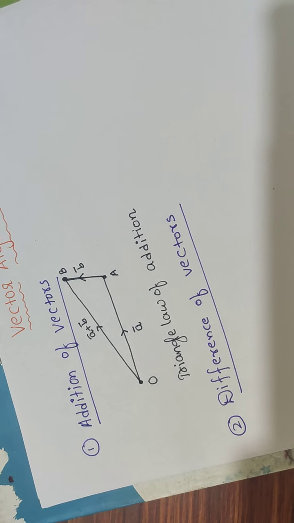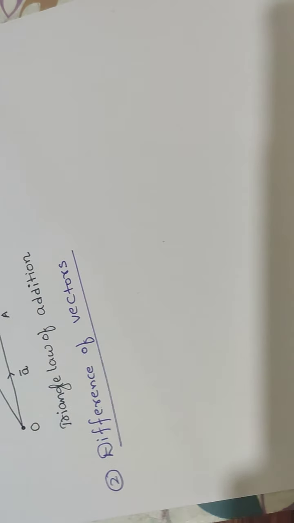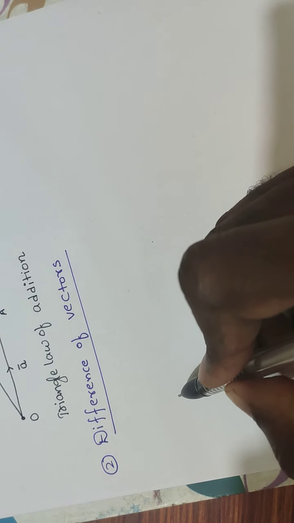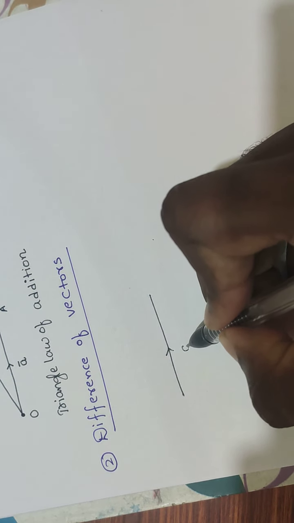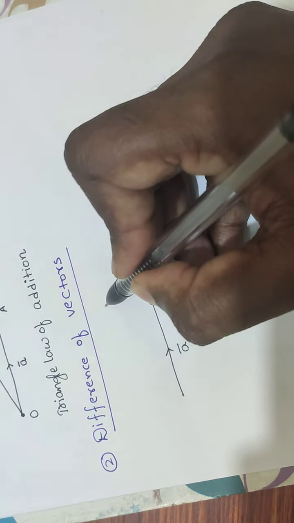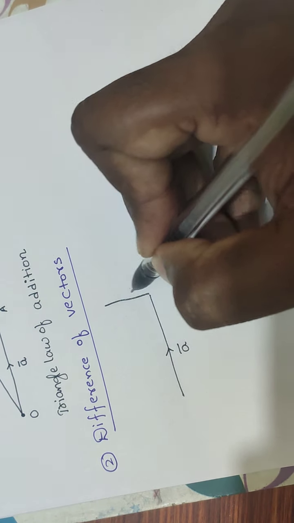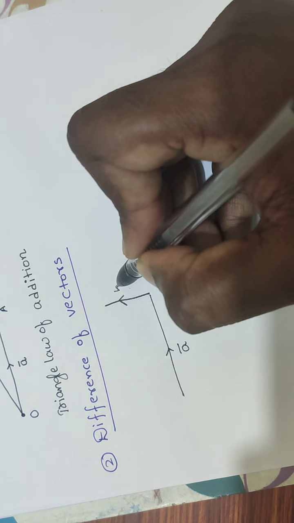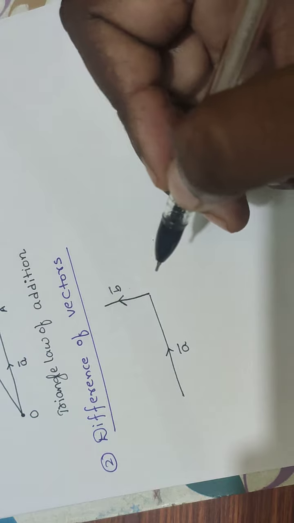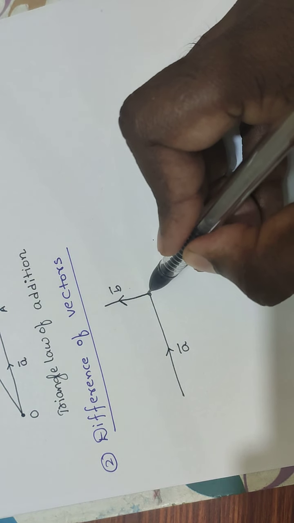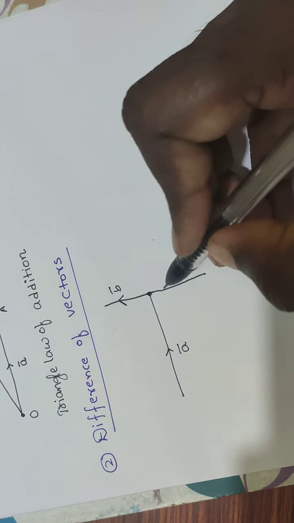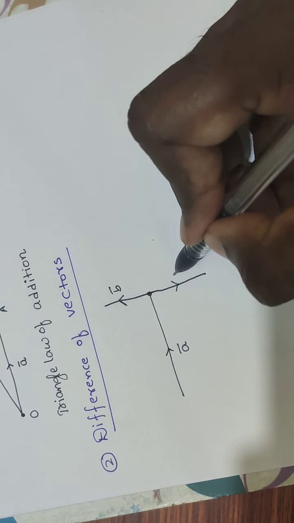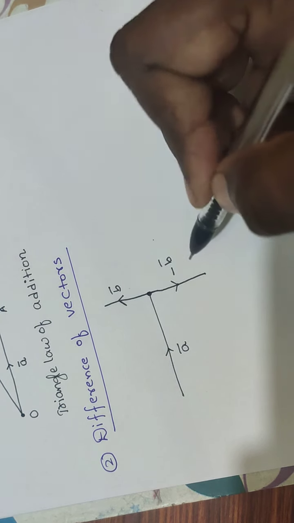For example, one vector is moving this direction. This vector is A bar. One vector is moving this direction, that is B bar. Now one more vector along the same line but coming downwards, that is minus B bar.